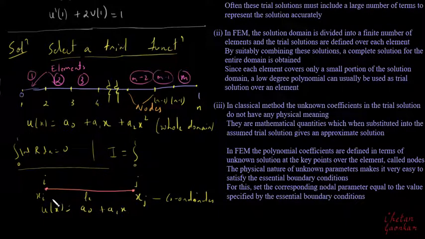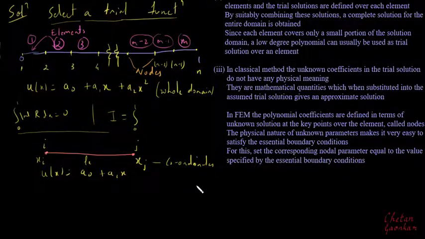But here, since it is applicable only to the small element, the degree of polynomial can be reduced. If I want to improve the solution, I will have to consider more elements, and we can still stick to this linear polynomial function. So this is the basic difference.